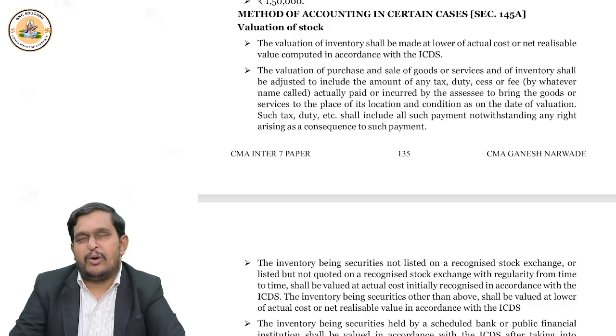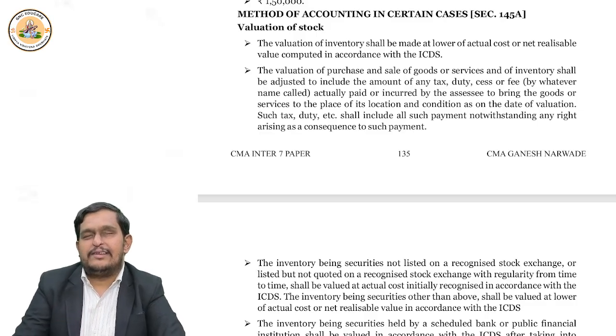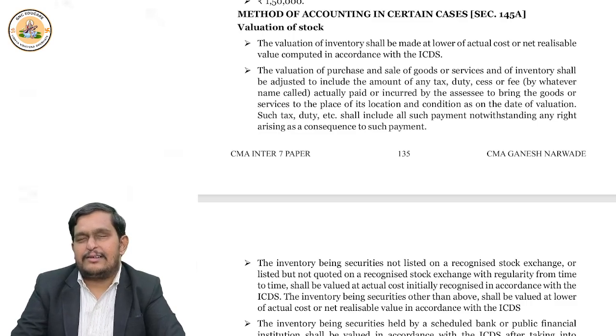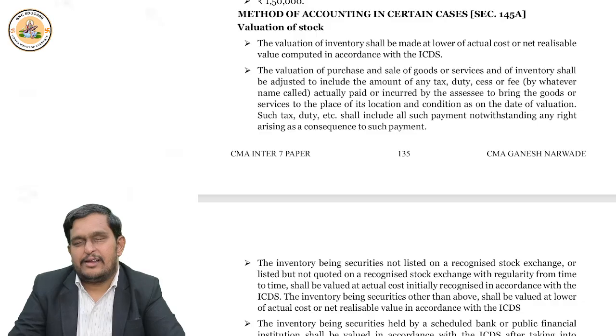Next, suppose on the inventory there is something called tax, duty or any cess, then add it to the cost, right? What's special in it? We have to add it to the cost. But when you see these lines actually, you will see goods are there, services are there. Now, obviously, please understand, in relation to goods, there will be some service or not.